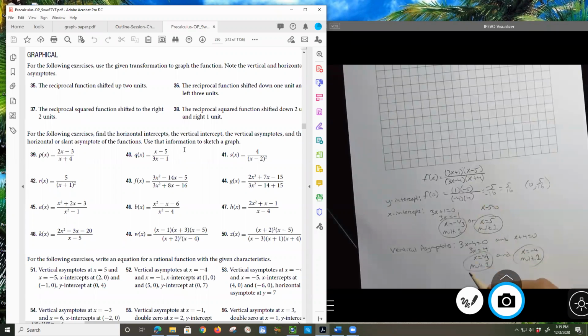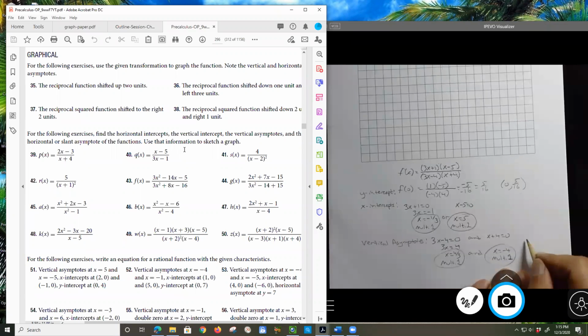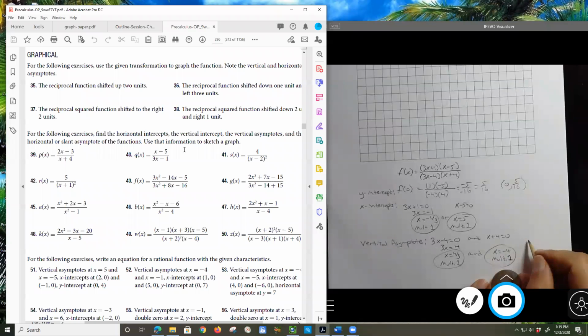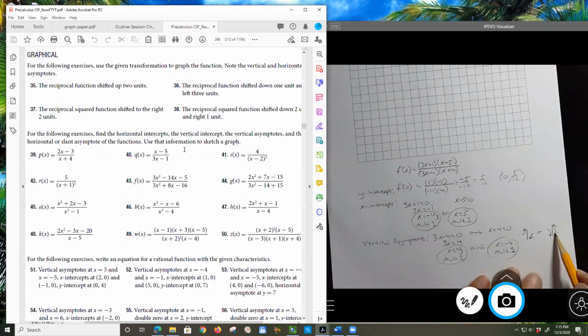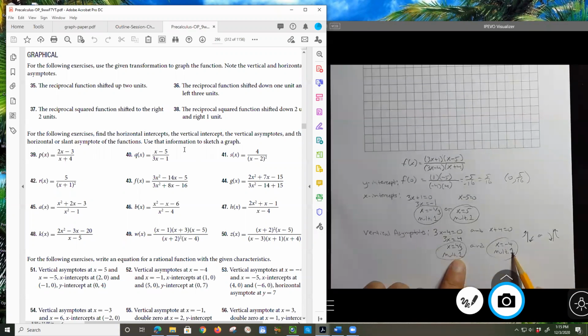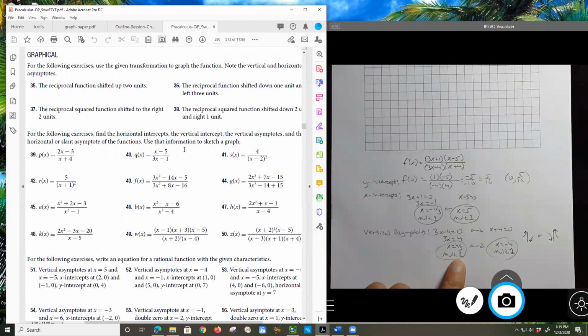And so what multiplicity of 1 tells us is this, that for each of those vertical asymptotes, it's either going to go like this or it's going to go like that. In other words, they go in opposite directions. It's one or the other because the multiplicity is an odd number. So this is what happens when you have 1 over x.